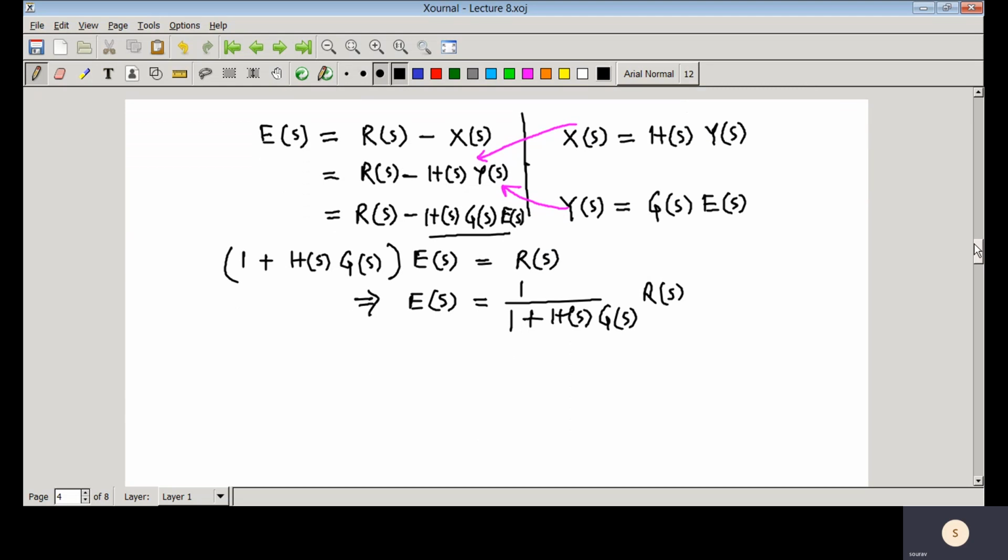So then what is your Y(s)? You can see here that Y(s) equals G(s) into E(s). So that is 1 by 1 plus H(s) G(s) into R(s).